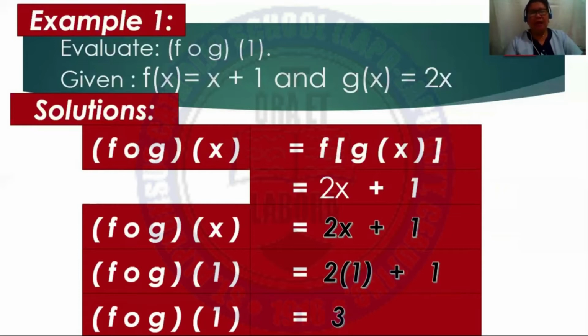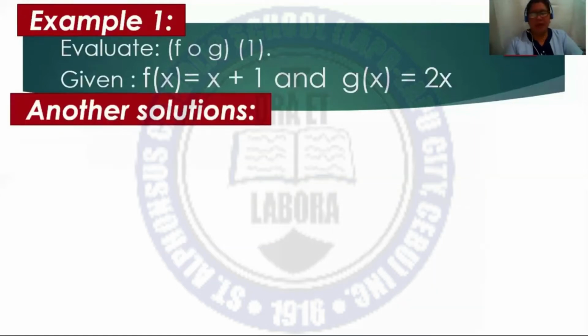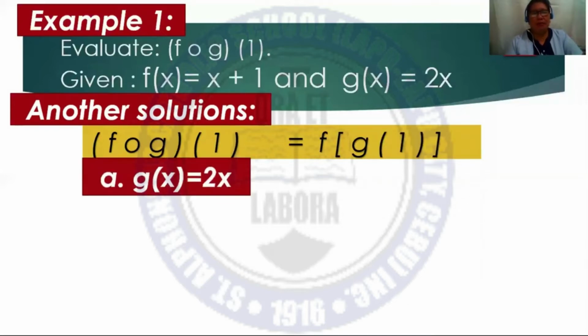Let's try to find out if we can get the same answer using the second solution. Let us use the same given. So, another solution. F circle g of 1 can be written as f of g of 1. So, first, we have to evaluate the inner function.